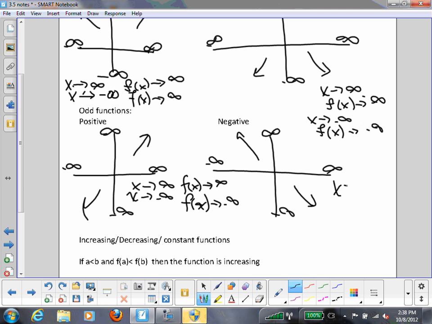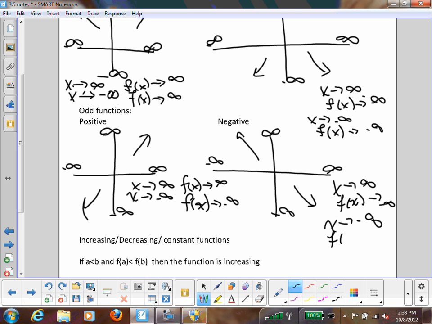Okay, and if x goes to positive infinity, f of x goes to negative infinity. And as x goes to negative infinity, my function now goes to positive, right? If I go left, I got to go up to get to my tail. That's the positive direction for the y values.